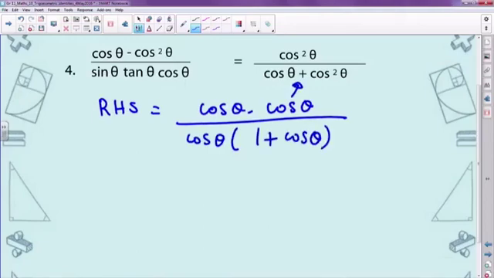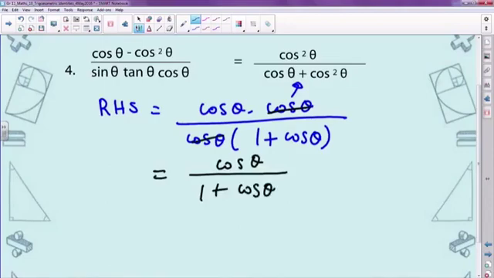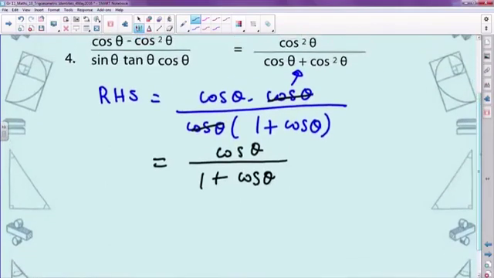Then if you look at this, 1 cos divides this one, then you've got your cos theta all over 1 plus cos theta. What I've done is to just simplify the right-hand side. Now, it means that when I work with the left-hand side, I have to make sure that I get, at the end of the day, cos theta over 1 plus cos theta.